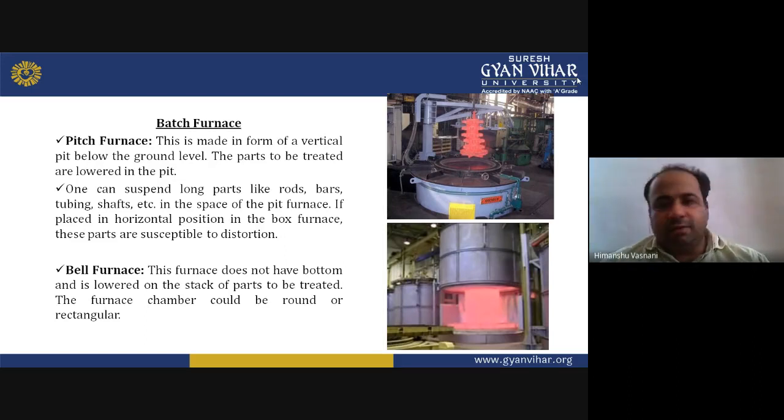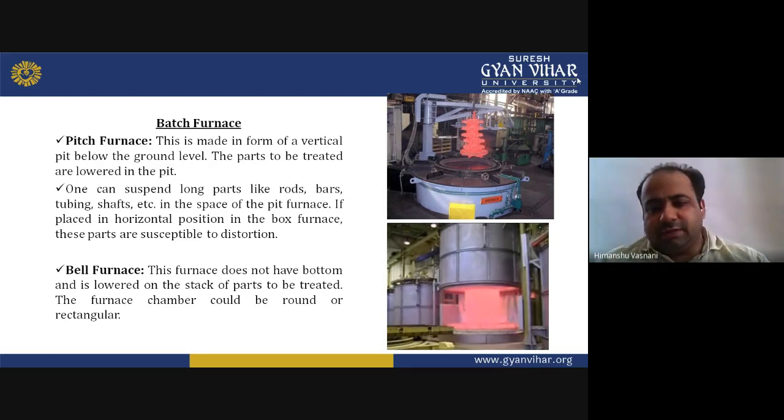These are helpful because they are made in the form of a vertical pit below the ground level, so you can understand how beneficial they can be for some particular applications.